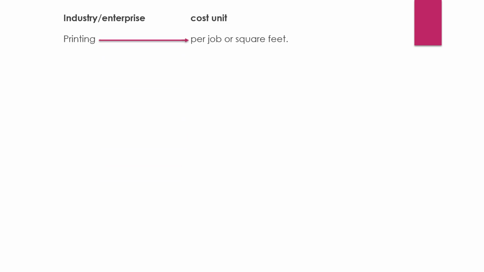Now let's see different industries or services and their cost units. In printing, we can use per job or square feet as the cost unit. For transportation, per ton per kilometer or per passenger per kilometer can be used.